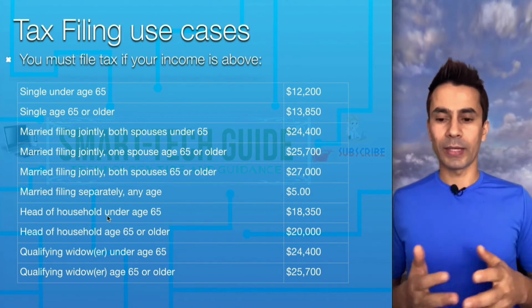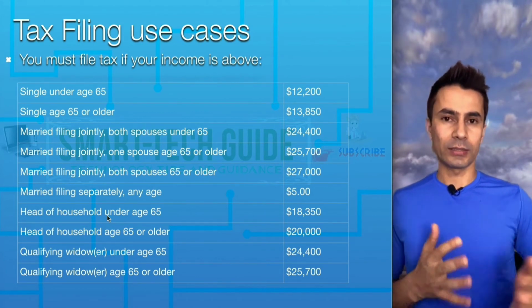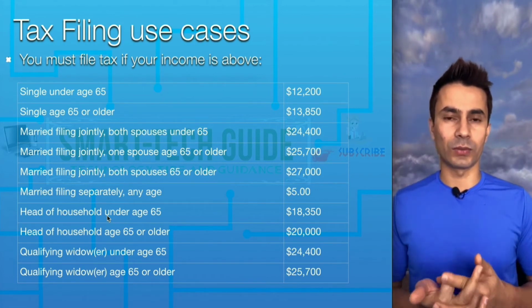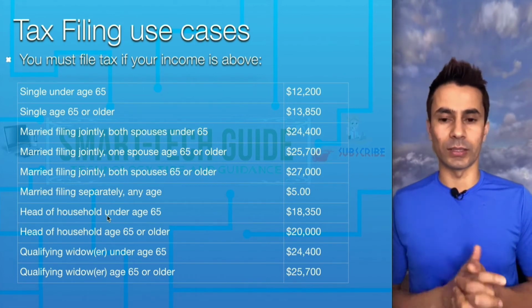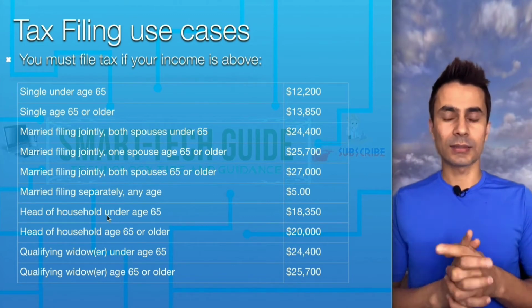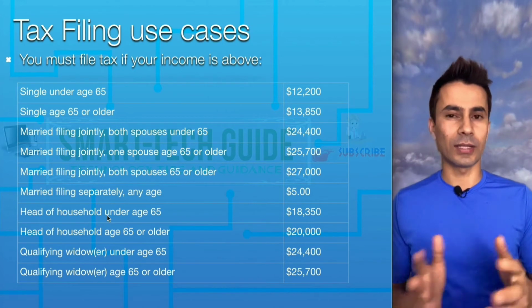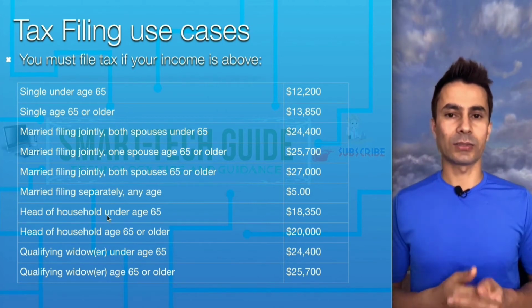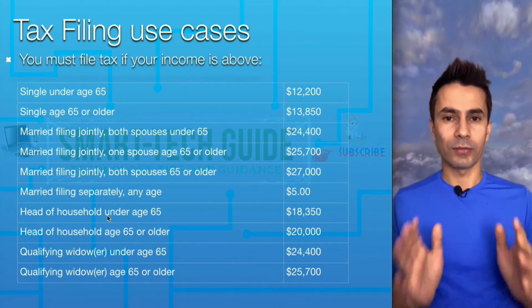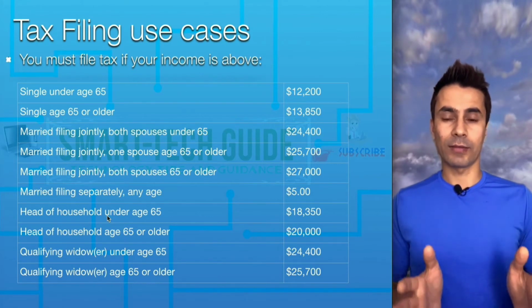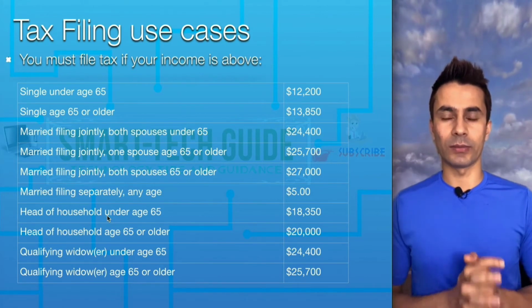If you are married filing jointly, it's 24,400. It's double the 12,200, and that is deductible, so you don't have to pay any taxes, and you don't have to file taxes for that income. If you prefer, you can still file it, but you don't have to if you don't want.